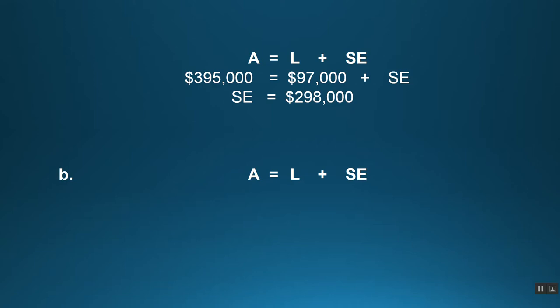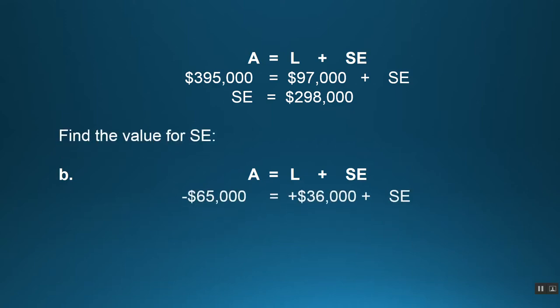So remember, they presented us an additional scenario. They said, what if assets were decreasing by $65,000 and liabilities were increasing by $36,000? So what would stockholders' equity be then?